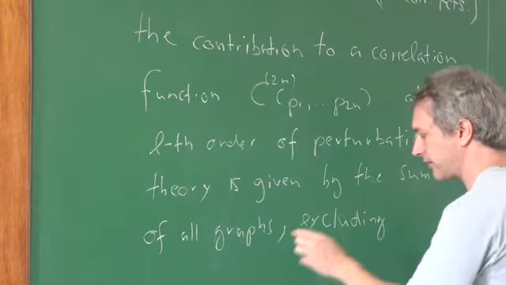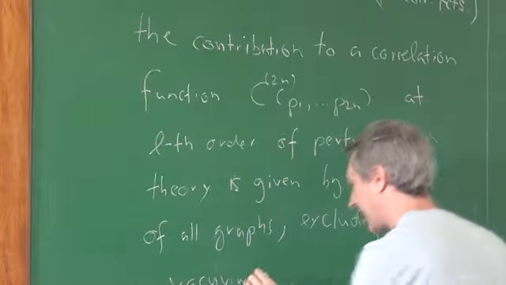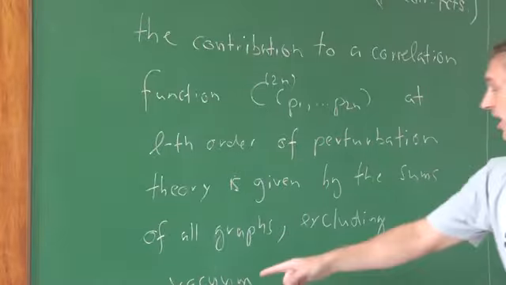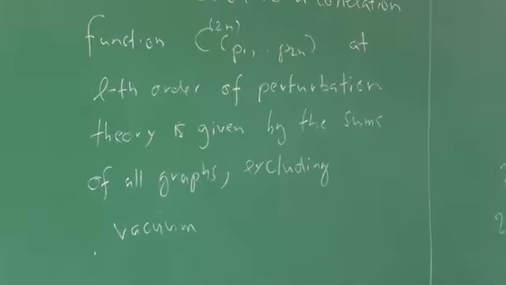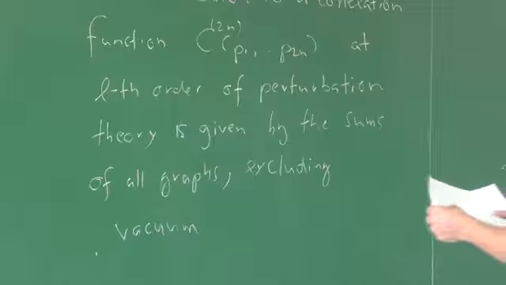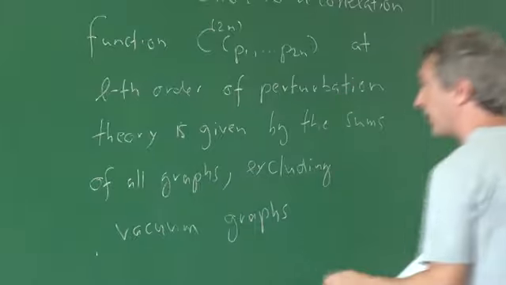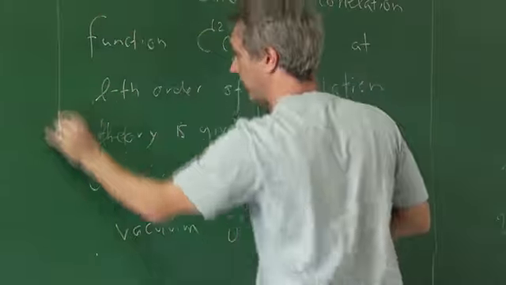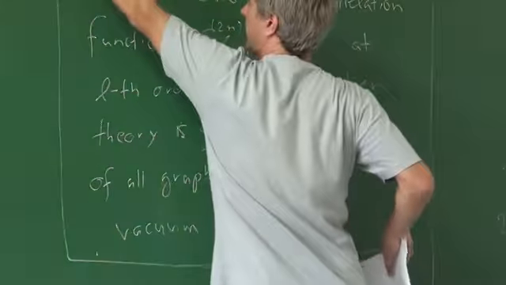And again, a vacuum diagram or vacuum graph we define as a diagram or graph which has the interaction vertex not connected to external legs. So this is a very important thing, because this tremendously simplifies our life.